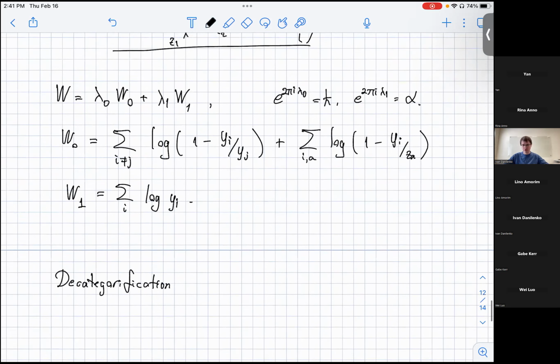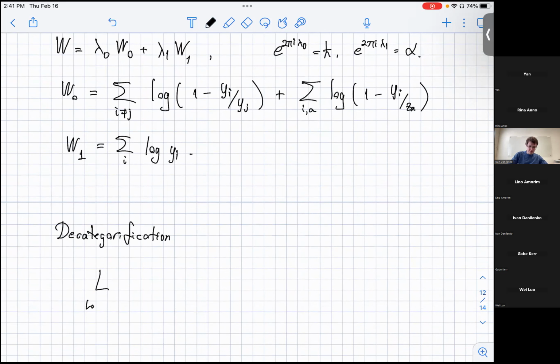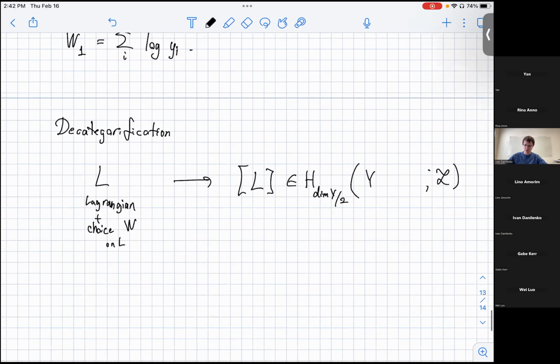So basically, we apply the K functor to both categories, and for one, we'll have equivariant K-theory, and when we have a Lagrangian plus a choice of the superpotential on L, that gives us just a homology class of L, about which we think that it's the middle dimensional homology of Y with respect to a rank 1 local system, with monodromies of e to the W. And so is it clear so far?